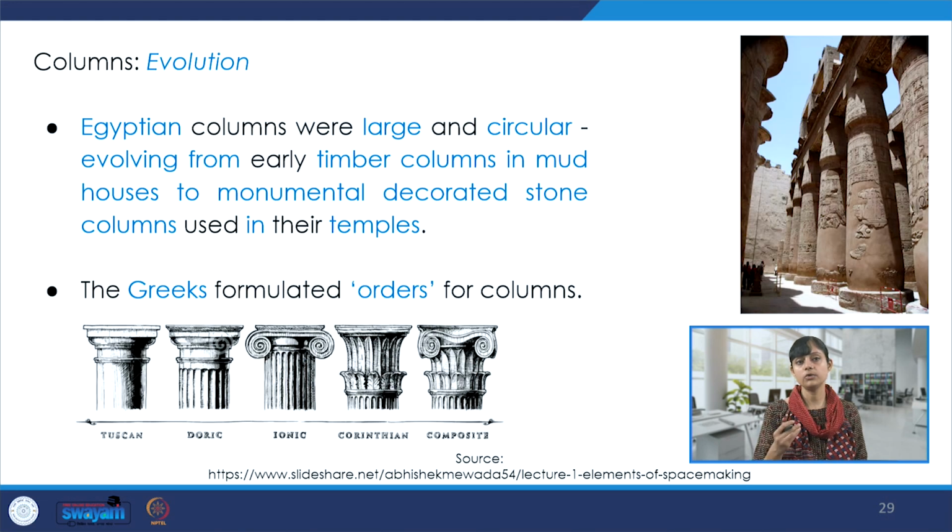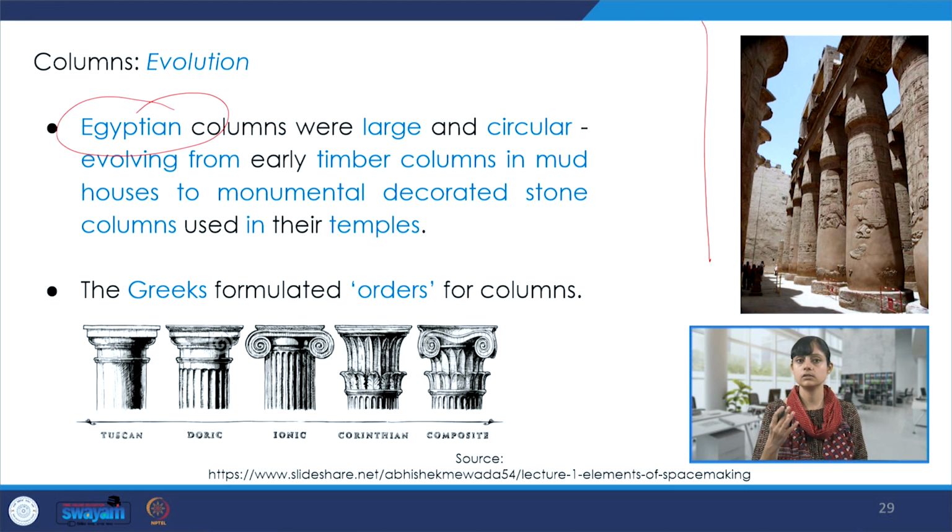If we talk a bit about the evolution of columns, the Egyptian columns were large and circular, and if we see the evolution from the early timber columns in the mud houses to monumental decorated stone columns used in the temples, there is of course an evolution that we map over there.